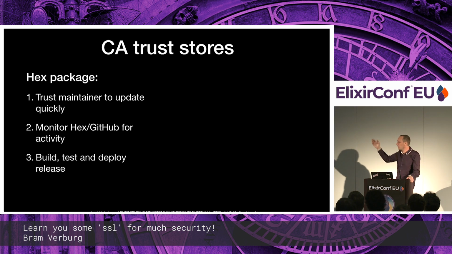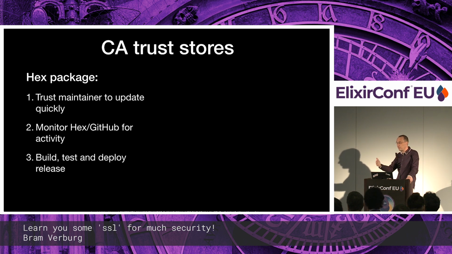If you're using a Hex package, you have to, first of all, trust the maintainer of that Hex package, that they will update the CA trust store when, for example, a certificate authority was compromised and their certificate needs to be removed, because root certificates cannot be revoked using the same mechanisms that other end certificates would normally be revoked.